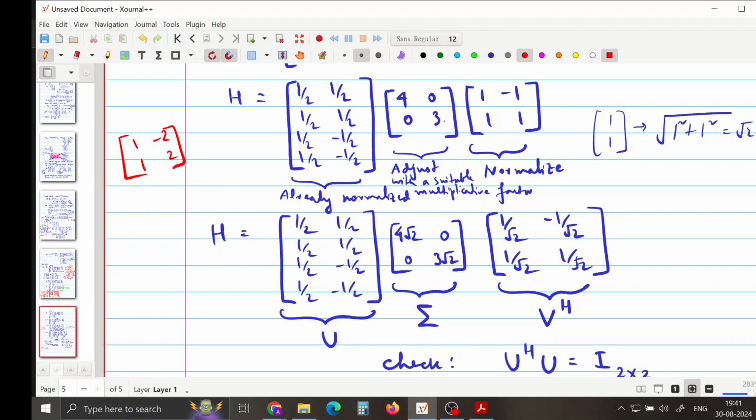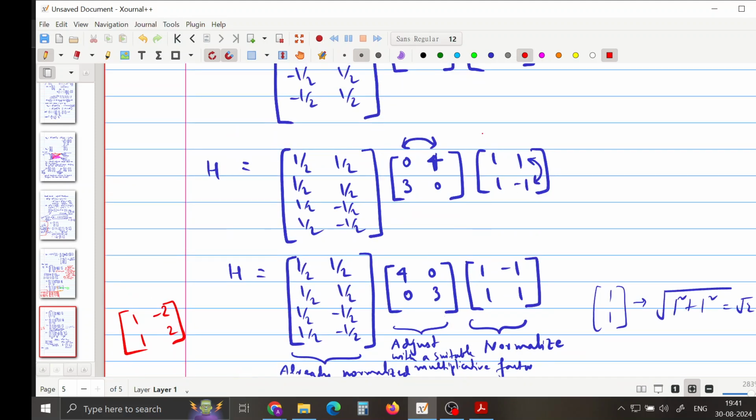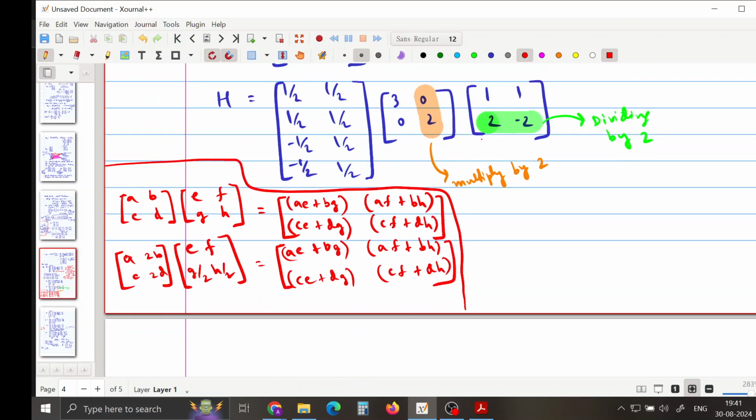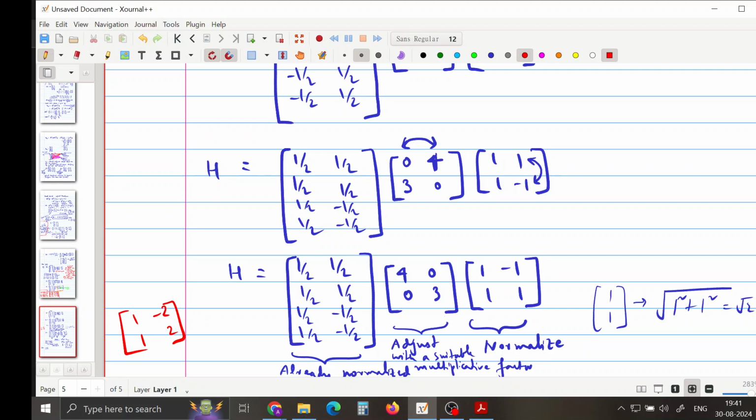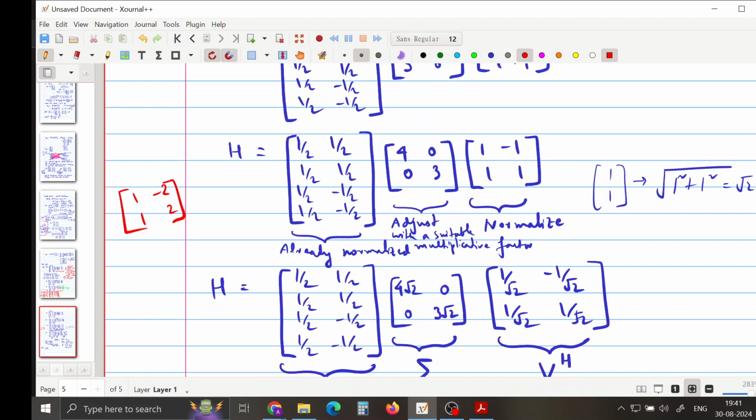So these two individual vectors also need to be normalized. We have to divide the first vector by root 2 and the second similarly. That's why I actually normalized that 2 minus 2 row previously. That gave me a nice form with all entries as 1, just with a negative sign. But in this case, if you normalize, the first column is 1 by root 2, 1 by root 2, and for the second column, it's like 4 plus 4, which is 2 root 2, right?